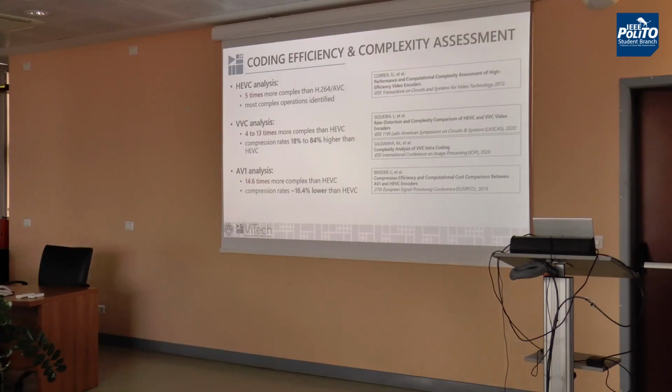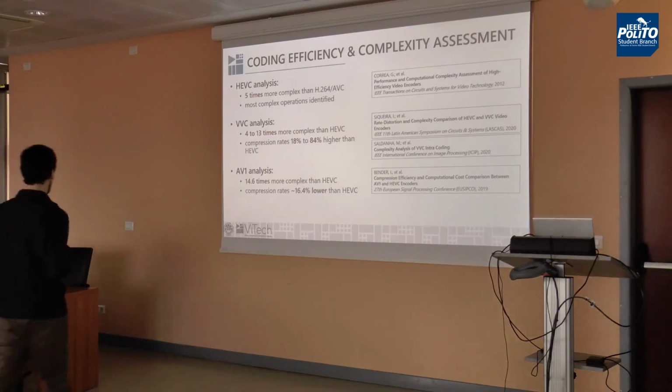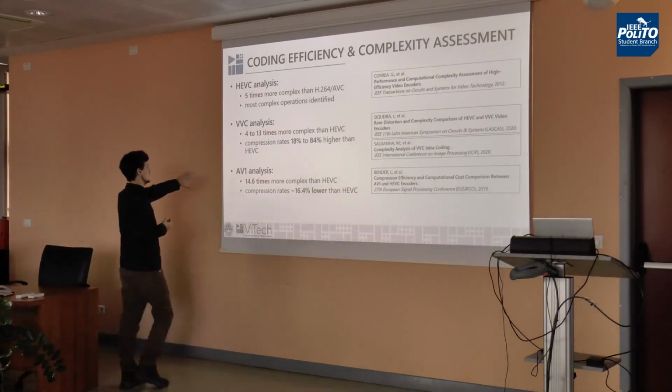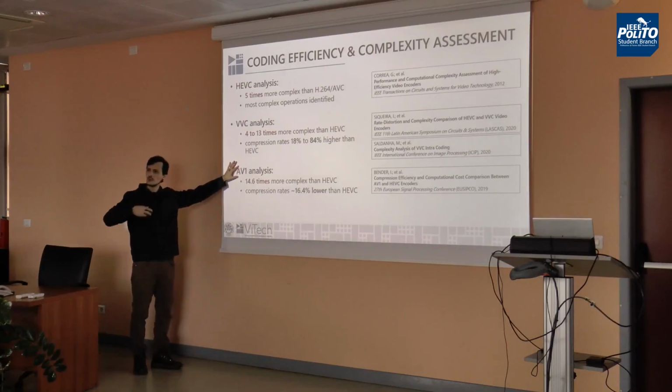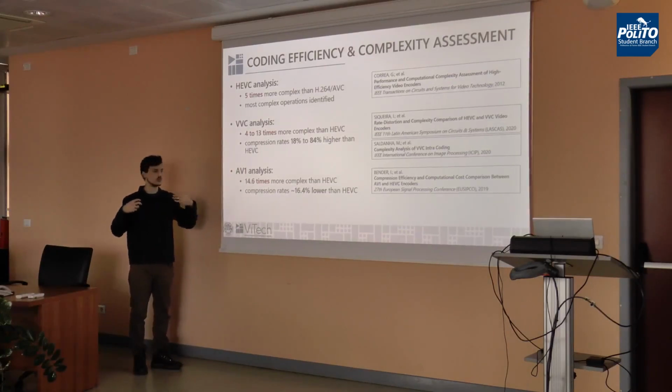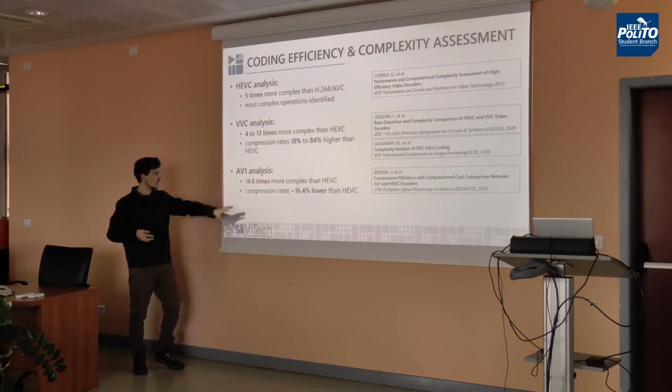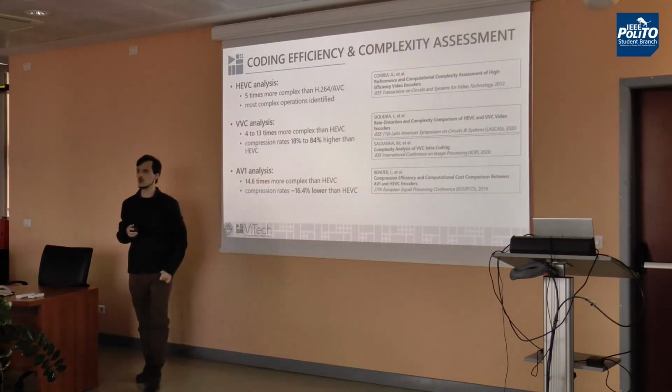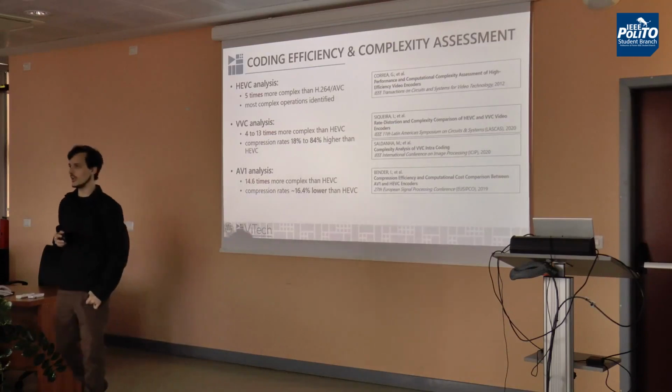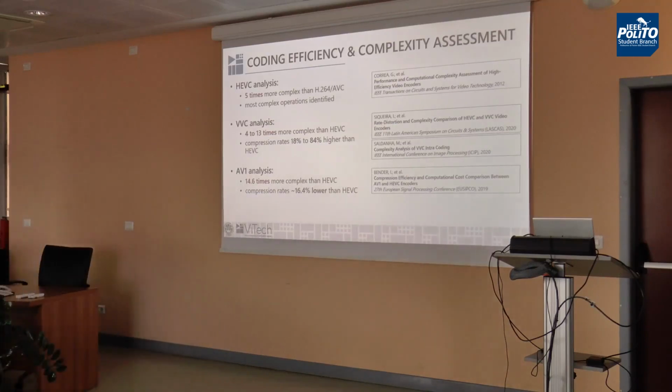AV1 is at the side, it's a different line of codecs. And also these experiments will change these days because the AV1 software, since there are those big companies working on it, has evolved a lot in terms of computation effort. So it is much more complex than HEVC. And no, it's not as efficient as VVC. That's what I can tell.